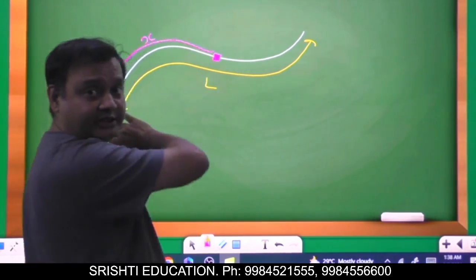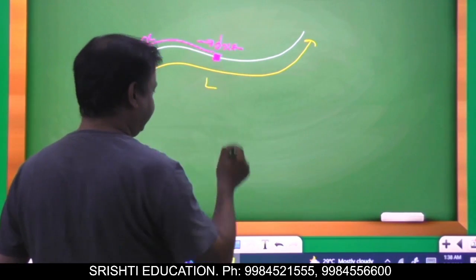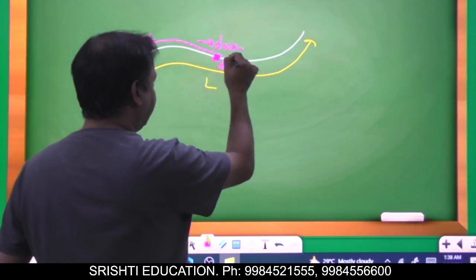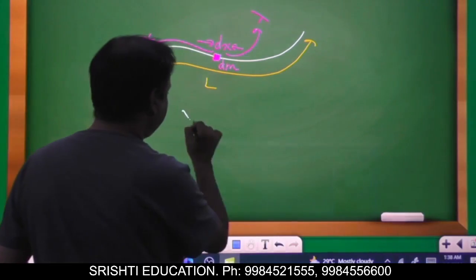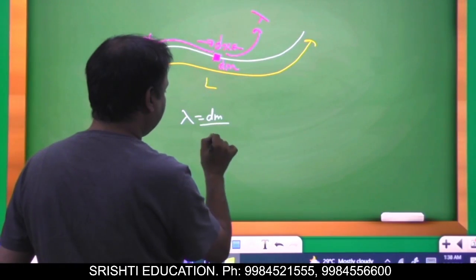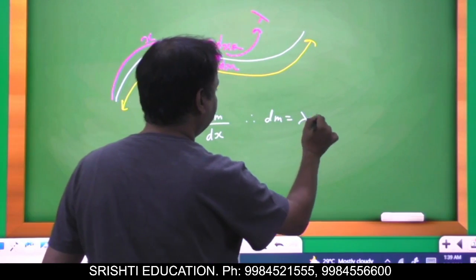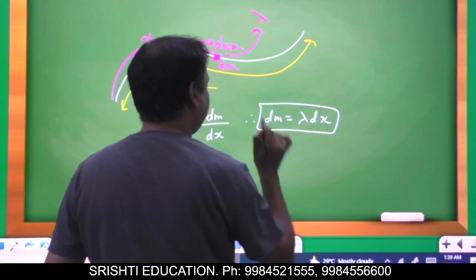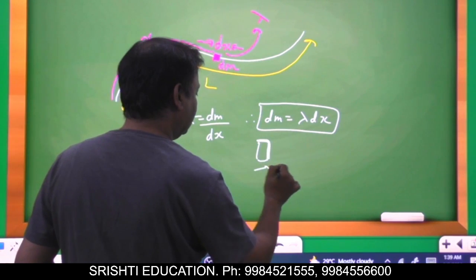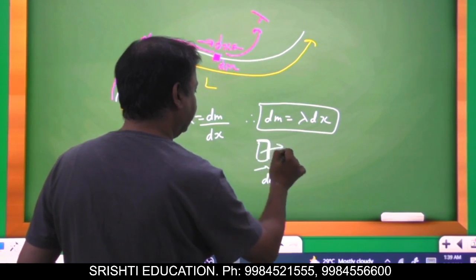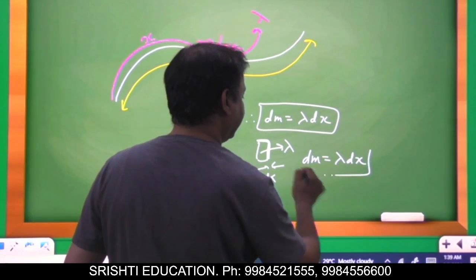In the last lecture we have seen how to run the linear variable, and the width is dx and the mass is dm, and at this point lambda is lambda. So we have seen lambda is equal to dm by dx. So therefore dm will be what? Lambda dx, correct? So if you have any element whose length is dx and linear mass density is lambda, you can write its mass as lambda dx.